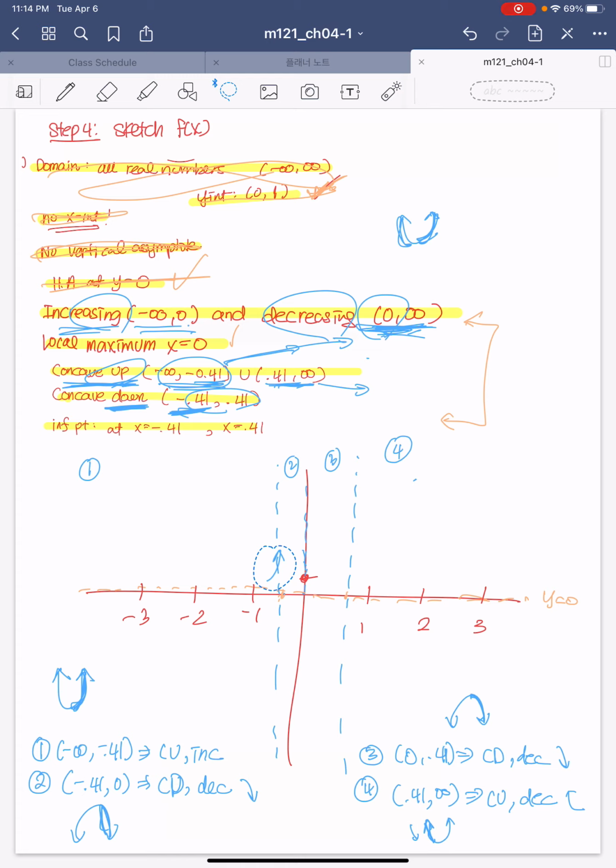Something is weird. Oh, I'm sorry. This is concave down and increasing. My bad. Why? Because all the way up to 0, it's increasing. So I should have concave down and increasing, so this part here.